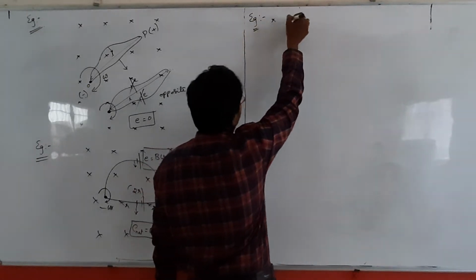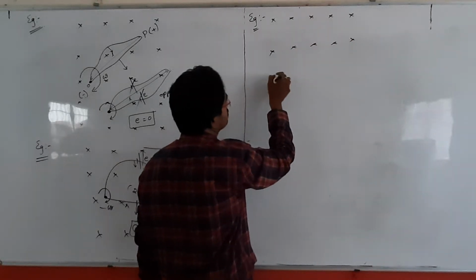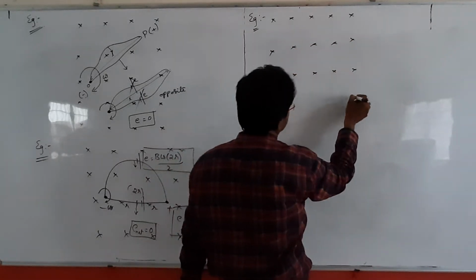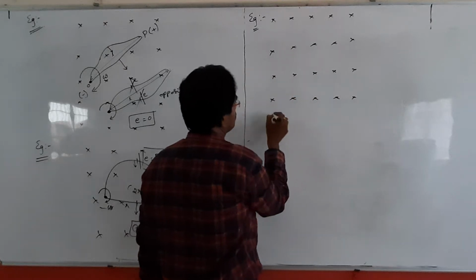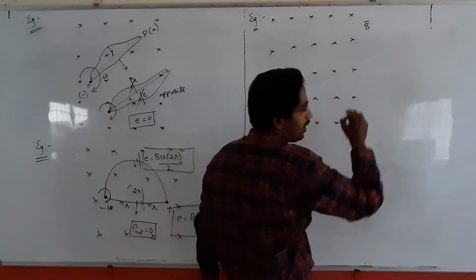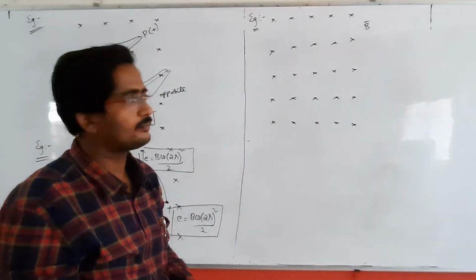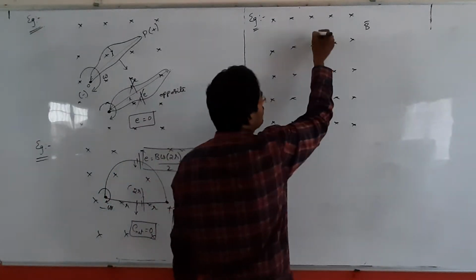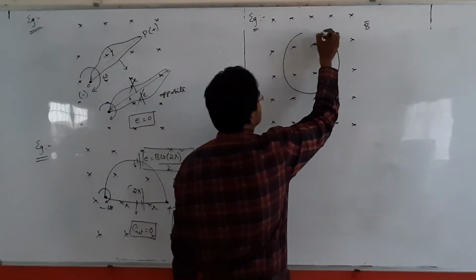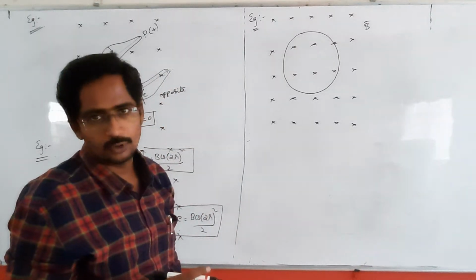There is a uniform magnetic field of induction B bar. Now, a circular wire is placed here. Okay.